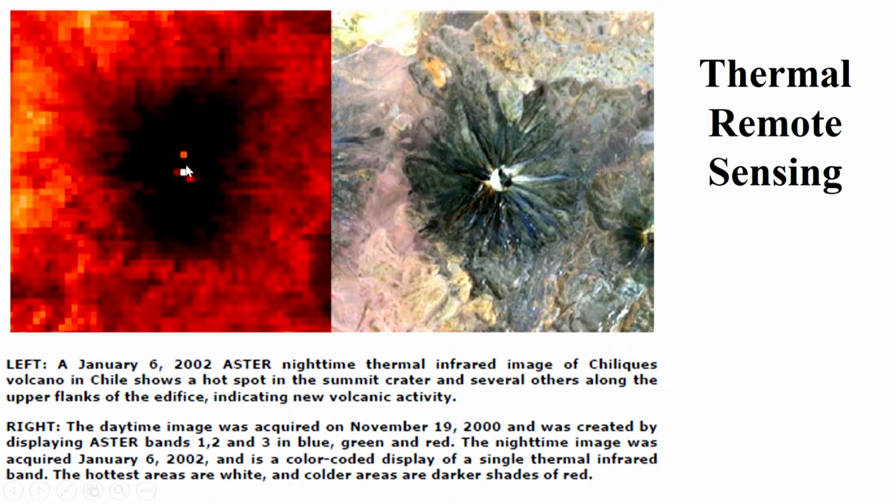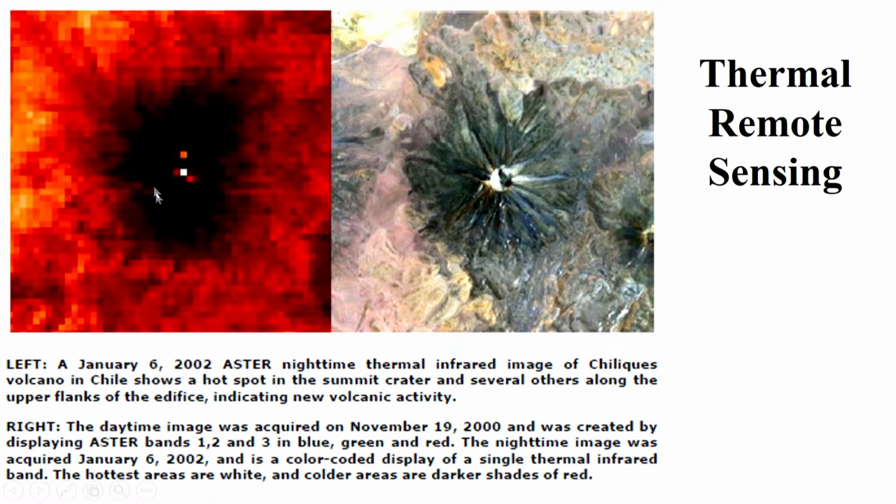So after analyzing the thermal data set, one can say that this is not a dead volcano. This is still an active volcano, but it is active without any gaseous eruptions or lava flow. Other features here, like the mountainous region, show the presence of very low temperature.